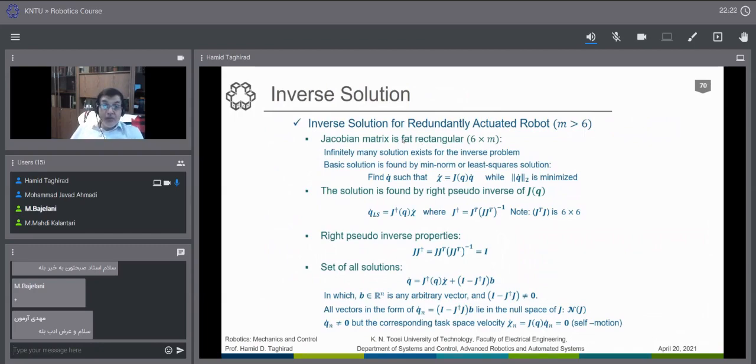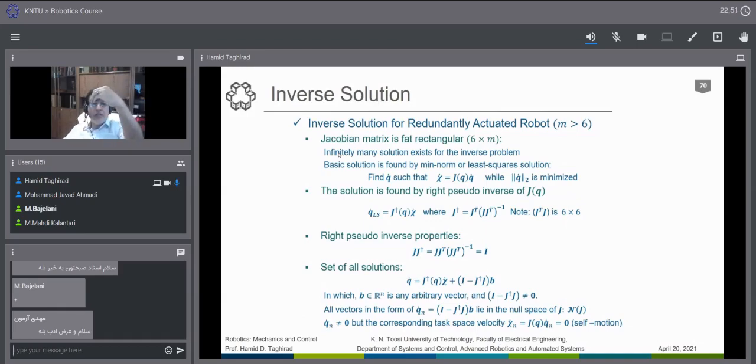The important point is that if you increase the number of joints, or you come to the redundant manipulator, to achieve a certain pose, a certain X or X dot, you have infinitely many solutions. You can reach that point with many different solutions.